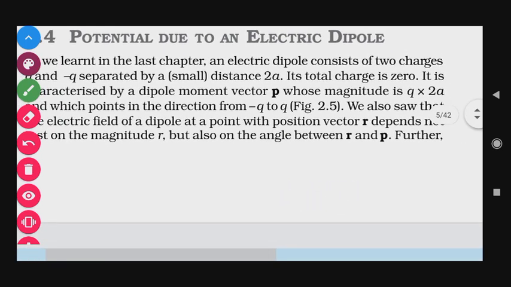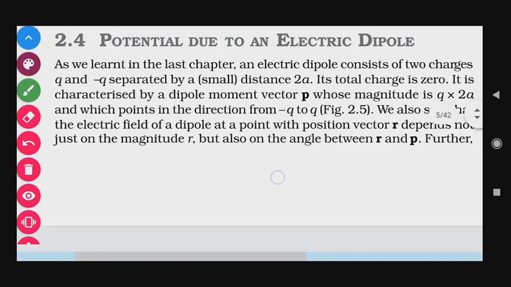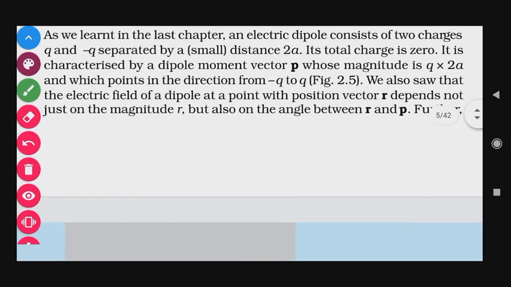Now we also saw that the electric field of a dipole at a point with position vector r depends not just on the magnitude r but also on the angle between r and p. We found the electric field due to a dipole at two positions, an axial point and an equatorial point, and we saw that it depends on r.